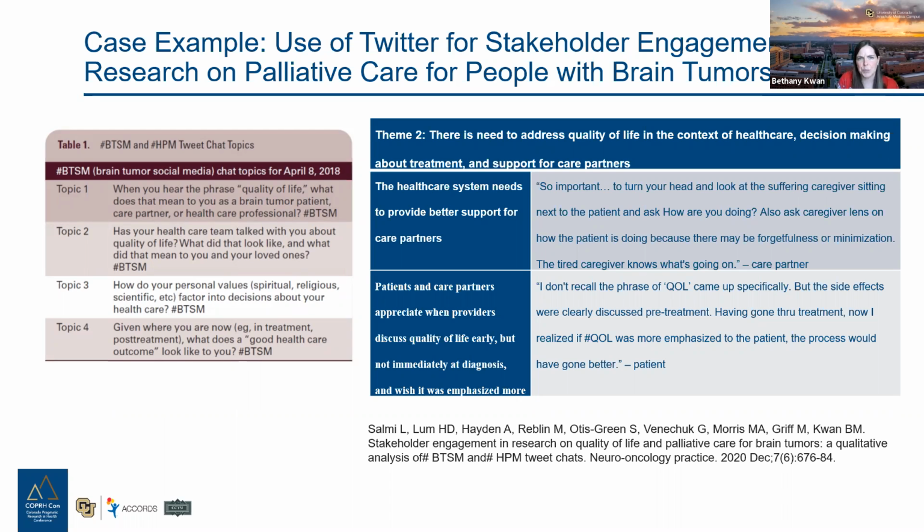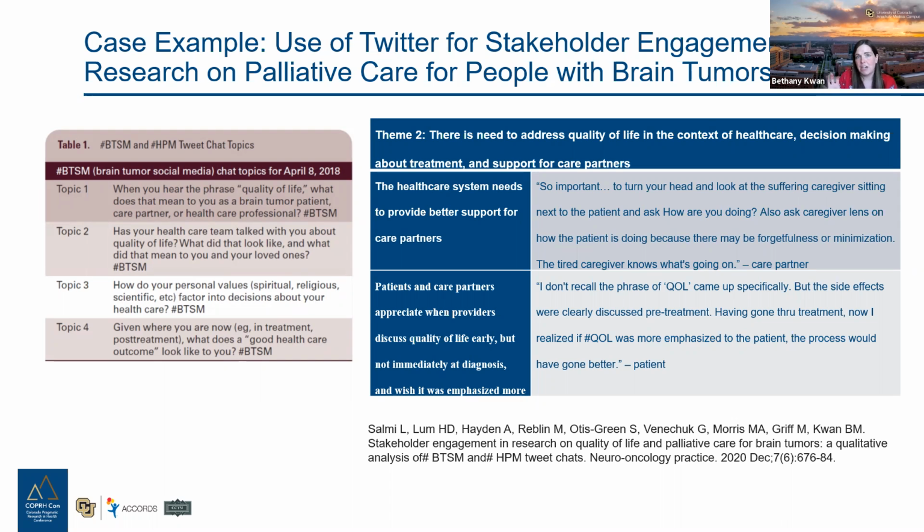Here's just a little excerpt of the themes that emerged from our qualitative content analysis. The overarching theme was this need to address quality of life in the context of healthcare and decision-making about treatment and support for care partners. For instance, one sub-theme was that the healthcare system needs to provide better support for care partners.